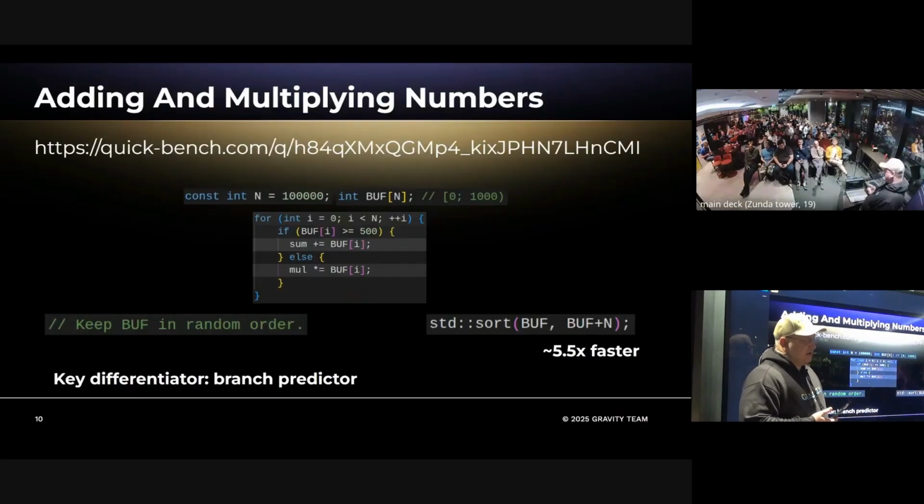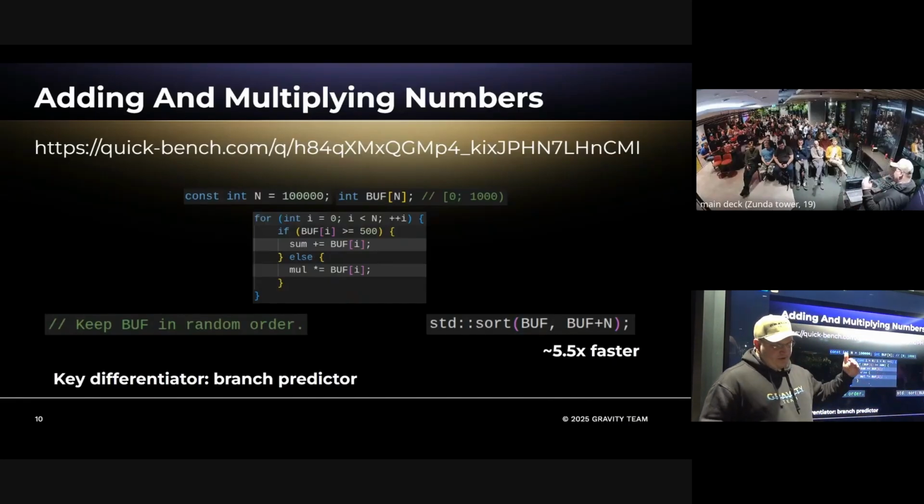The reason why the sorted version works faster is because now, anytime the CPU hits that branch, the branch predictor says, okay, the last 10 times we were here, we did this thing. Let's guess that we're going to do the same thing again. And so basically, for the first half of the array, we only take one branch, and we hopefully hit none or a small number of branch mispredictions.